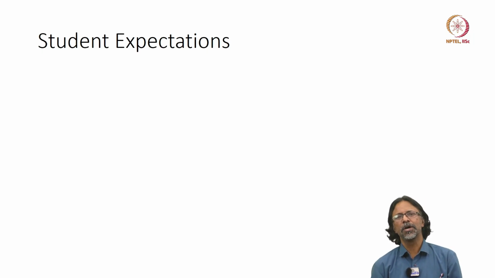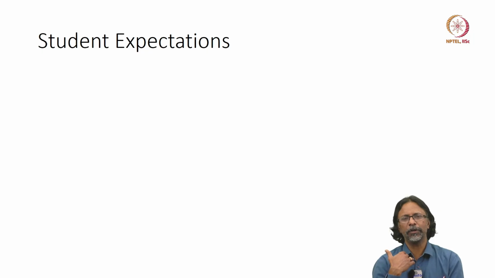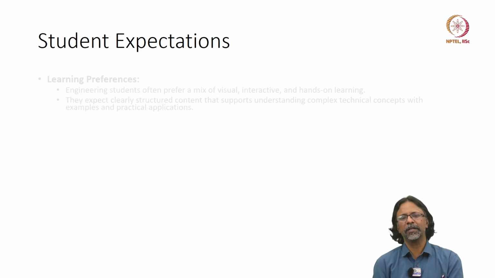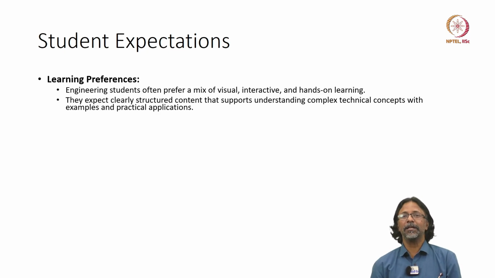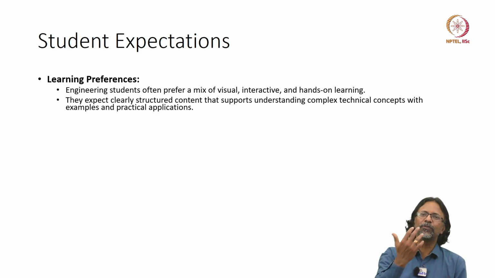It is very interesting to observe that the student expectations are very different when it comes to online courses when you compare it to in-person or in-class courses, right? Just the learning preferences itself. Now their expectation is that there will be a good amount of digital content available. That is one expectation.